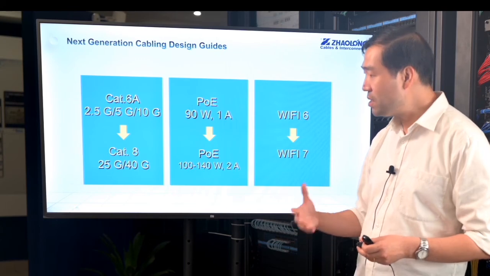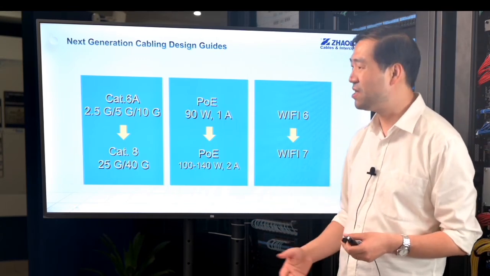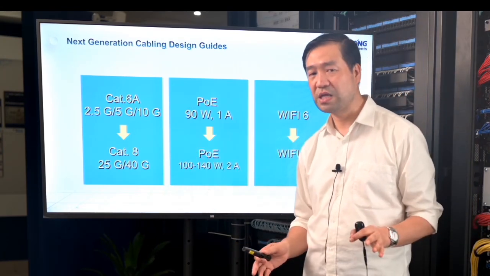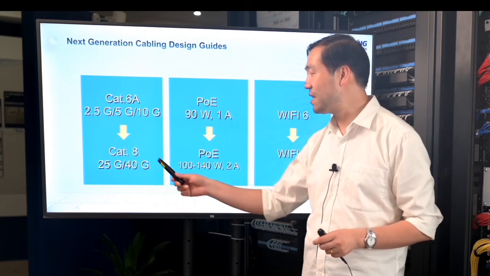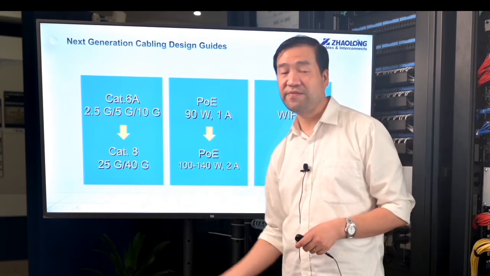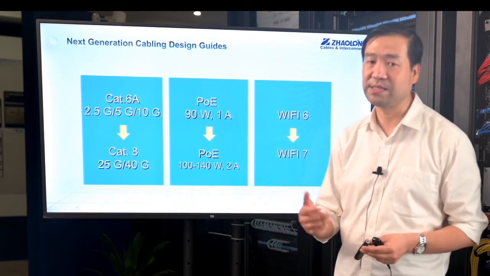In the performance or the requirements from customer, say the Cat6A, maybe 10 giga, maybe 5 giga, that's not good enough. We need more. So Cat grade 8 will provide a good choice. You can go to the 25 giga or 40 giga if you choose Cat grade 8 solution.